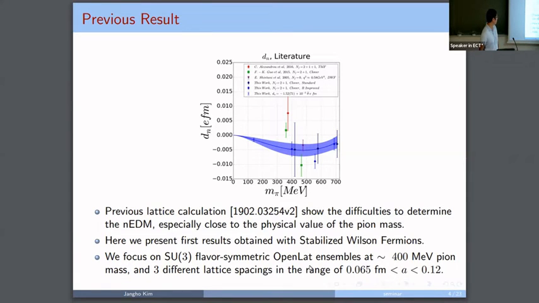So in this talk, I will show results only at the 400 MeV pion mass and 3 different lattice spacings. So we can do the continuum extrapolation, but we cannot do the pion chiral extrapolation.